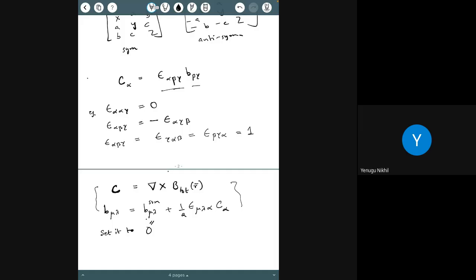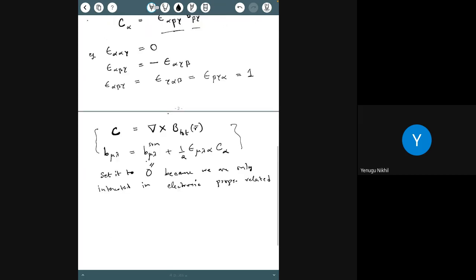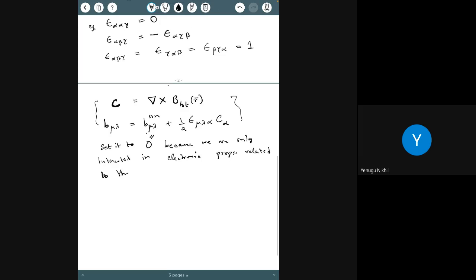We set it to 0 because we are only interested in electronic properties related to the curl.